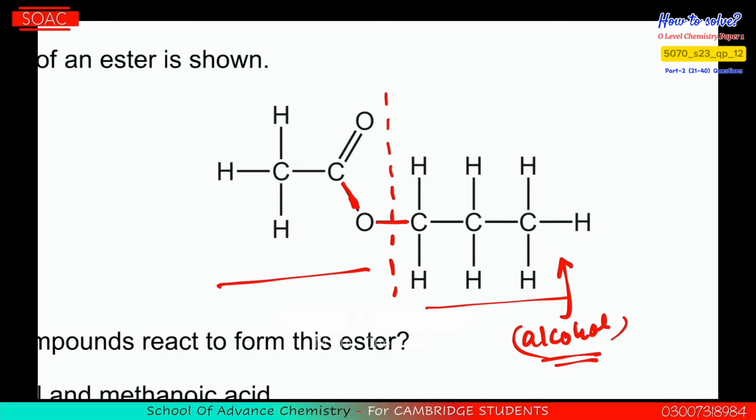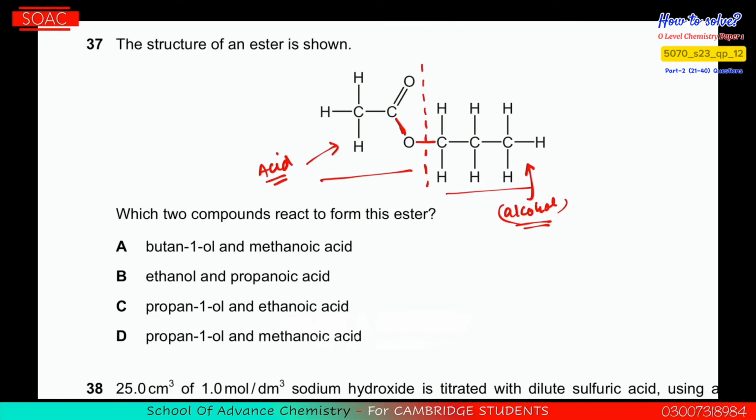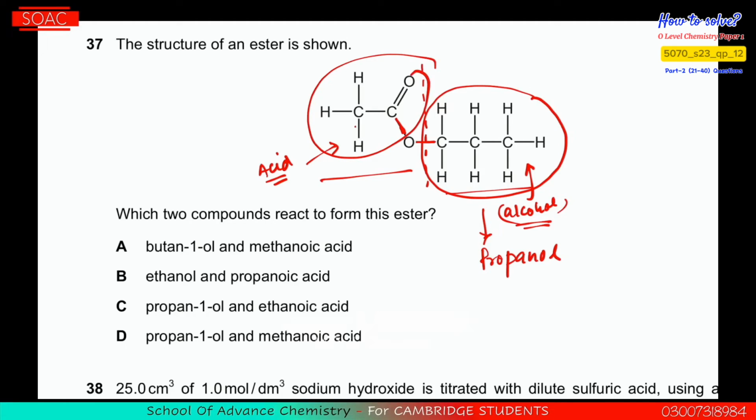This portion is from alcohol and this portion is from acid. Now come towards the option. Your alcohol must be a 3 carbon alcohol, that is propanol, and your acid, having 2 carbons, must be named ethanoic acid.